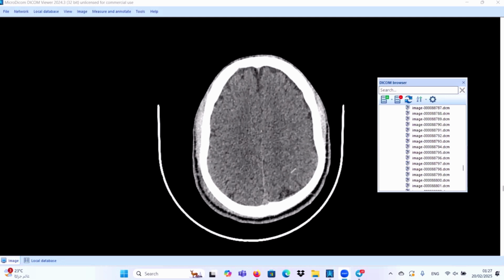Petechial hemorrhage can be easily detected by MRI. Sometimes petechial hemorrhage or diffuse axonal injury is almost indistinct in the CT brain, and the most sensitive sequence in the MRI is the axial T2 gradient or SWI. Both sequences are very sensitive to detect microbleeds and diffuse axonal injury.